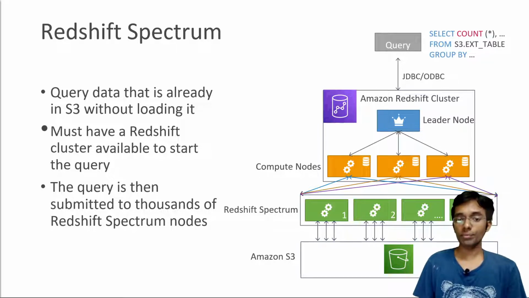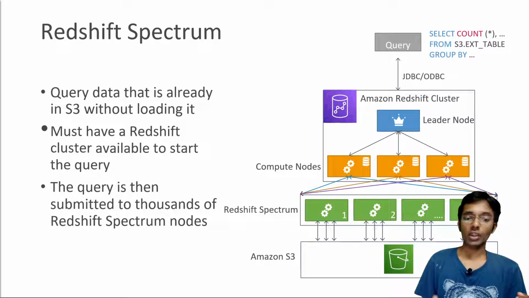But then if we do a query on data in Amazon S3, Redshift is going to spin up a lot of Redshift Spectrum nodes that will do the computation and the query over our data set in Amazon S3. And then once the result is there, it's going to be sent back to the compute nodes for aggregation, and then rolled up into the leader node.